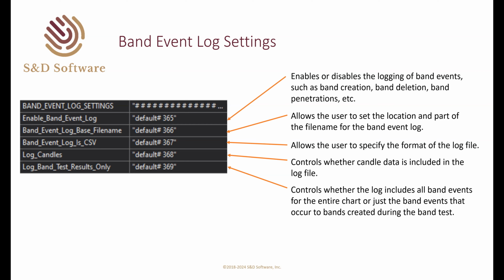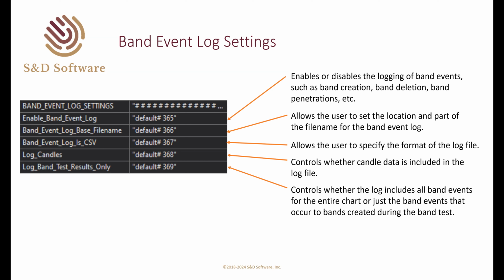So the first setting here, this is our switch for turning on the band event log. It's true or false. True turns it on, false turns it off. The default is false. There is a bit of a performance hit, of course, involved in having the logging on because now you have the system doing something extra.